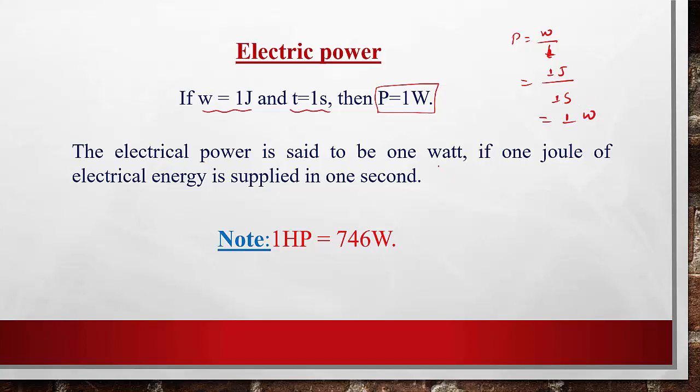The electric power is said to be 1 watt if 1 joule of electric energy is supplied in 1 second. So electric power we can express in terms of watt. Note, 1 horsepower is equal to how many watts? 1 HP, that is 1 horsepower, is equal to 746 watt.